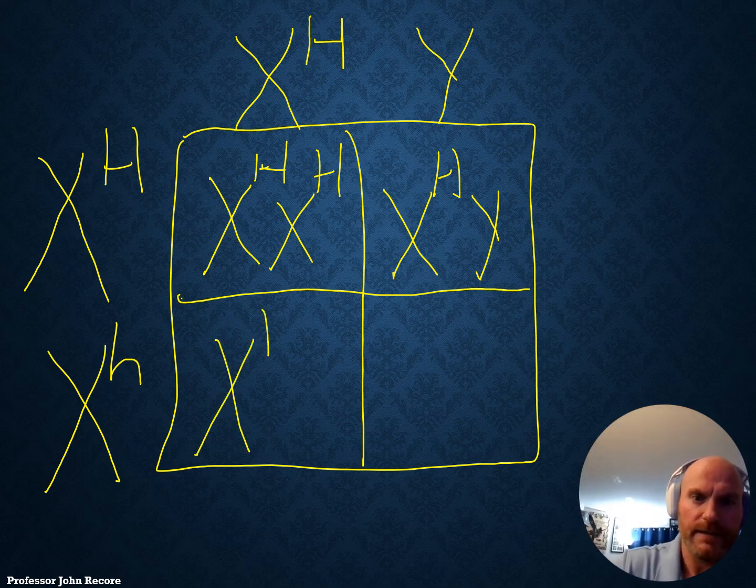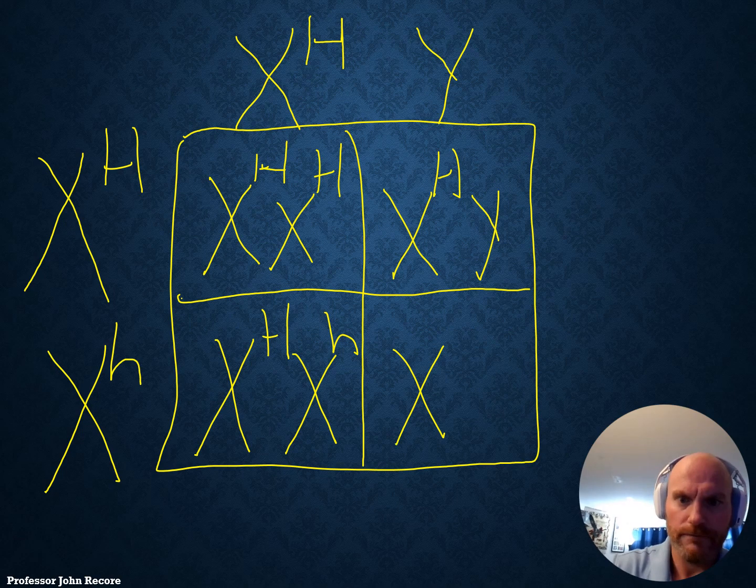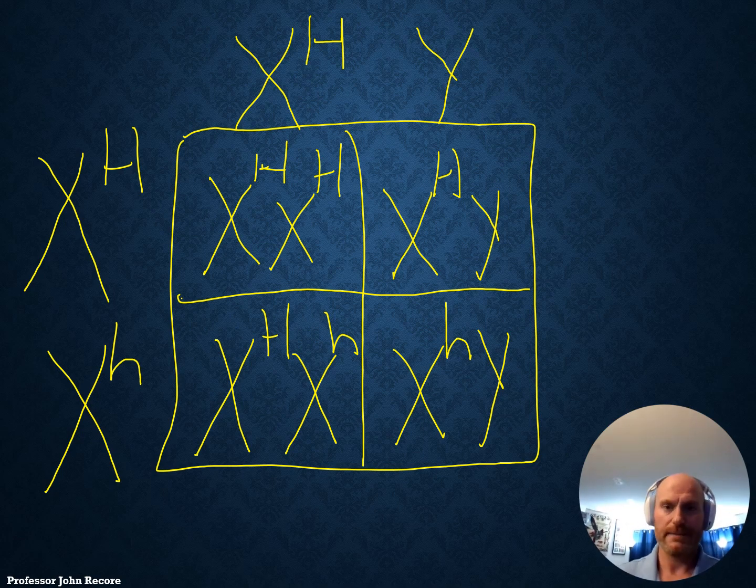Another X, and I'm going to do this a little bit backwards for continuity's sake. Lowercase h. So we're going to have one carrier there, female. And then, the other boy has hemophilia.